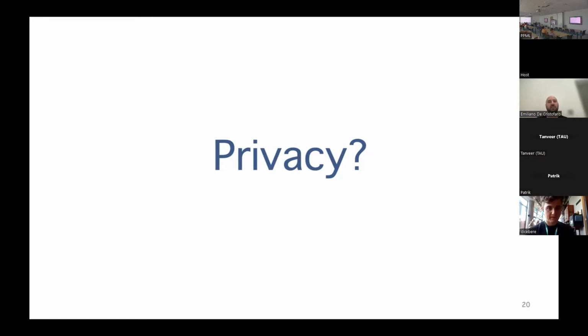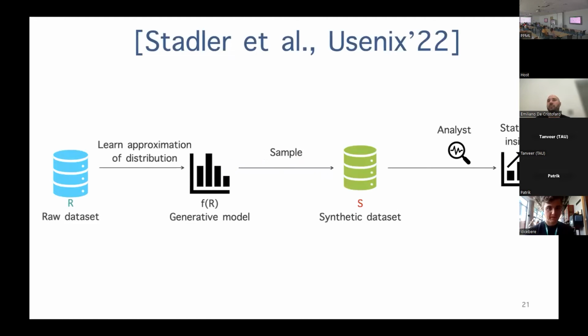Can we now abstract away from the task and look at the actual amount of information that is leaked while you disclose a synthetic data set versus disclosing the real data set? And for this, we actually use a framework, which is kind of state-of-the-art.